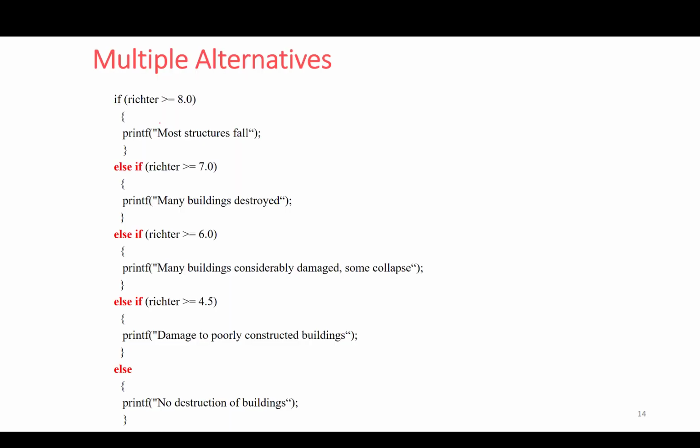And this is actually the program. As you can see, we started with 8, and then the print statement, else if 7, the print statement, and so on until the last one, which is when you entered a number less than 4.5, and in this case the last statement here is no destruction of buildings, okay?